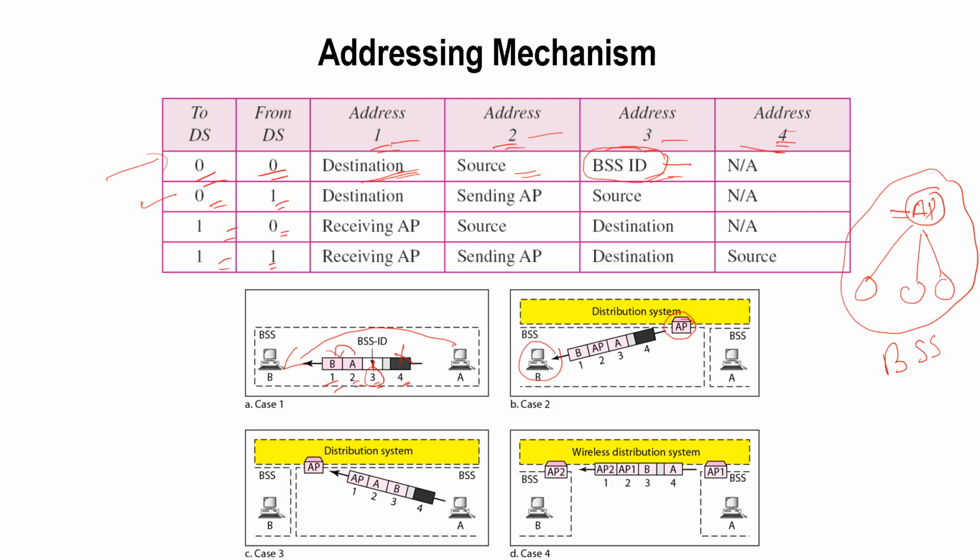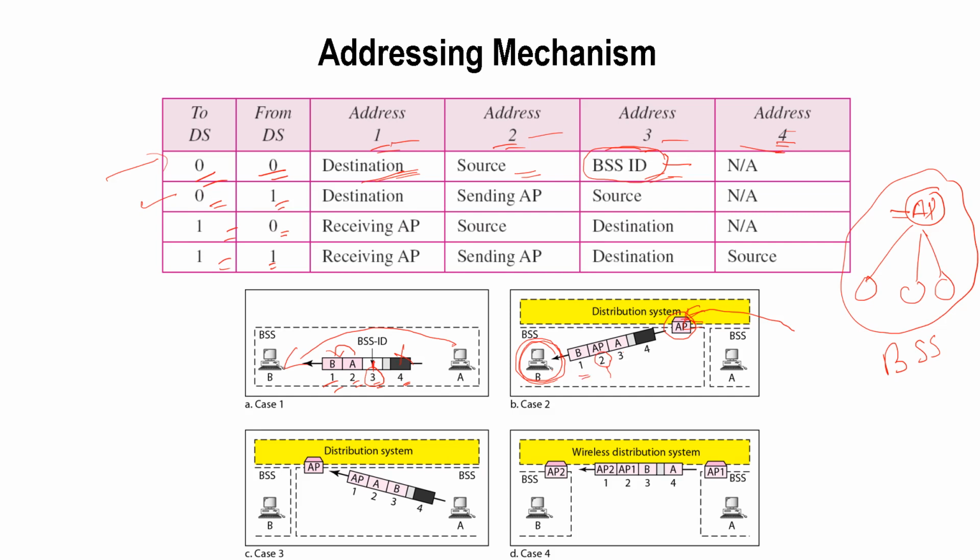This is coming from another BSS, that is why it is coming through the distributed system, and it is destined within the BSS. So it is from an access point, from another access point, and that address, the sending access point address, will be stored here.